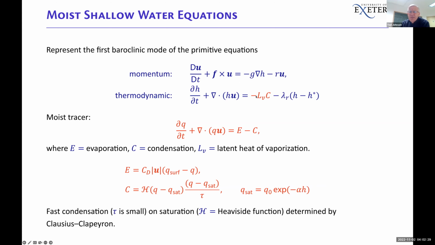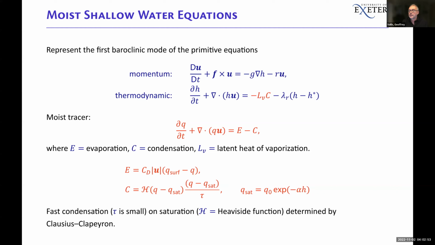But the energy source in the momentum and thermodynamic equations is ultimately the condensational term. And there's in a sense an infinite amount of that, because it's all stored in the moist surface at the bottom. So if I do a time series of the energy of the system, once it's settled down, it's in a statistical steady state.